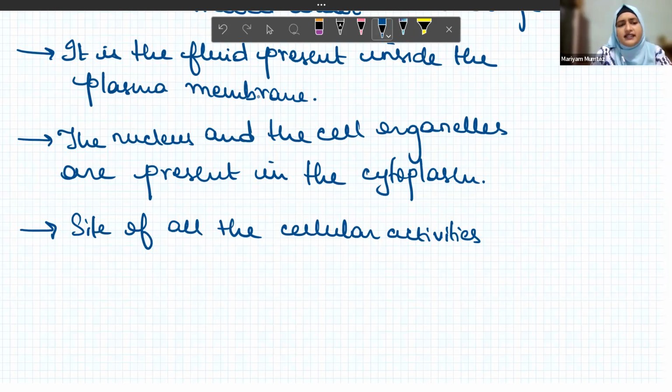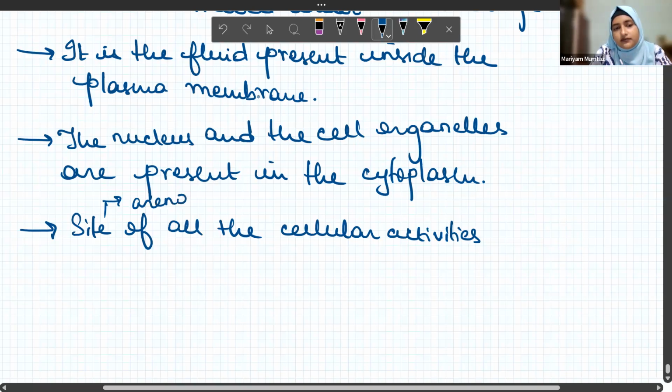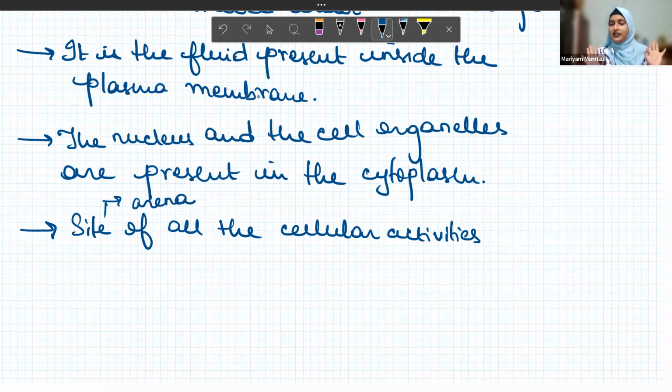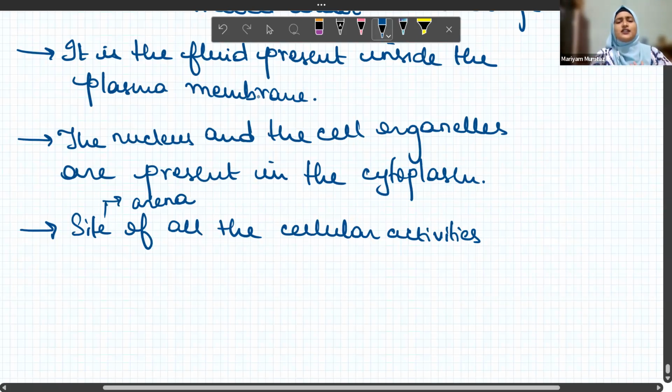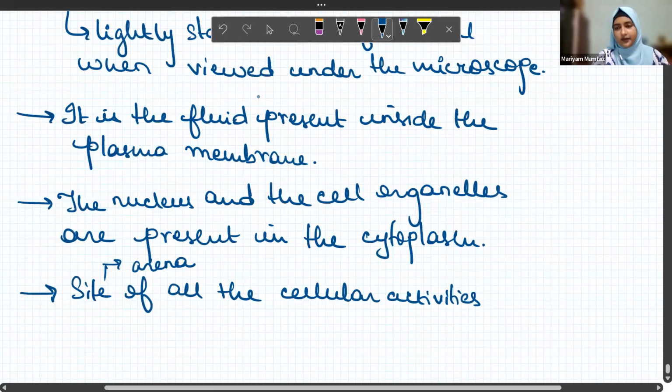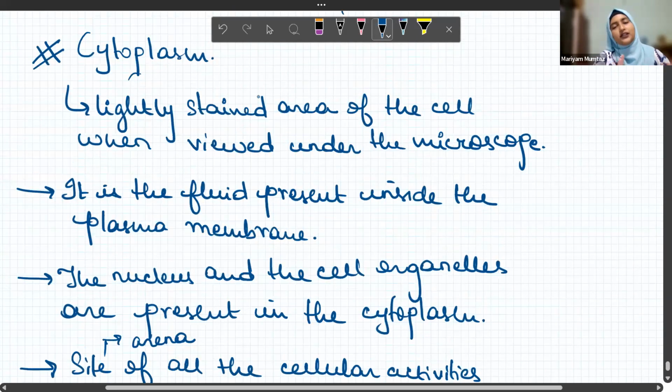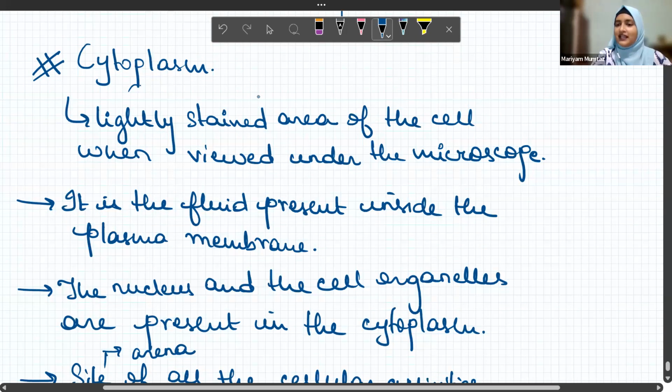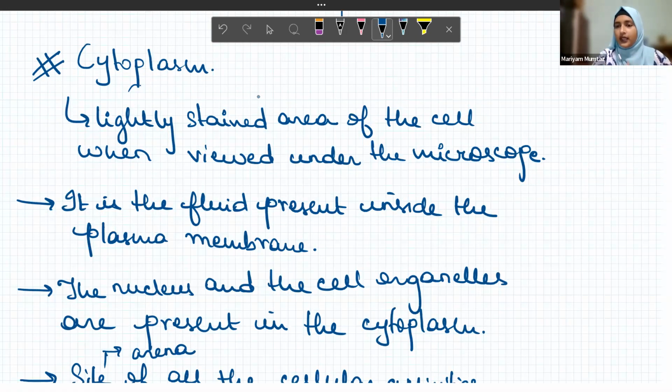In some places, this word site may also be interchanged with arena, like a boxing arena. In the same way, the cellular activities arena is the cytoplasm. So this is all that you need to know about the cytoplasm.